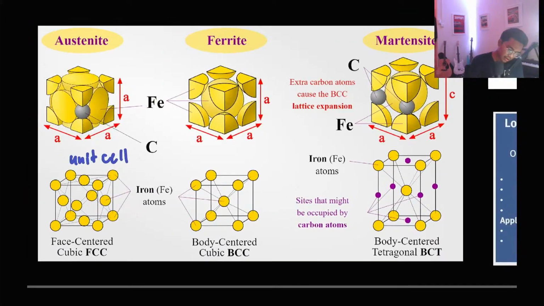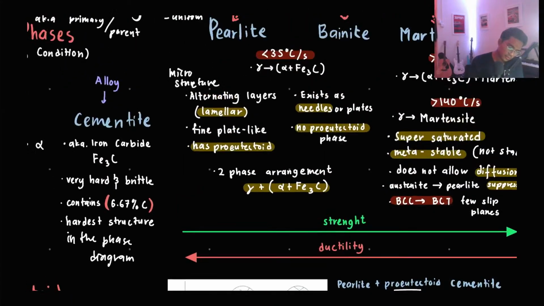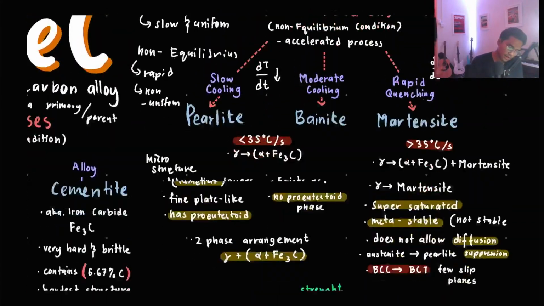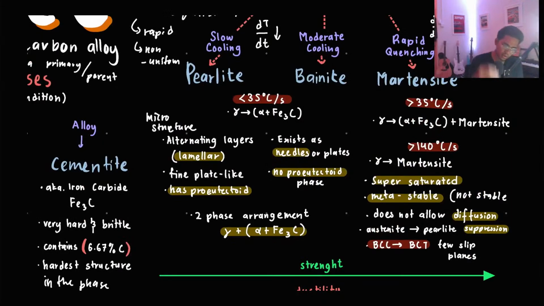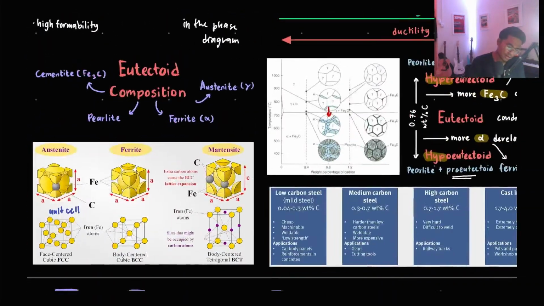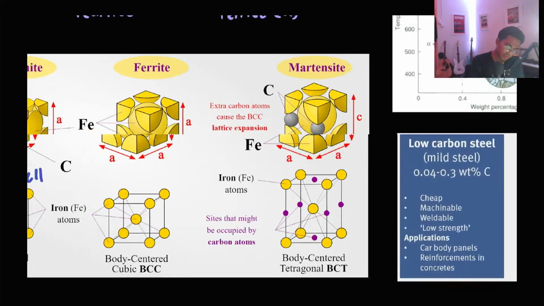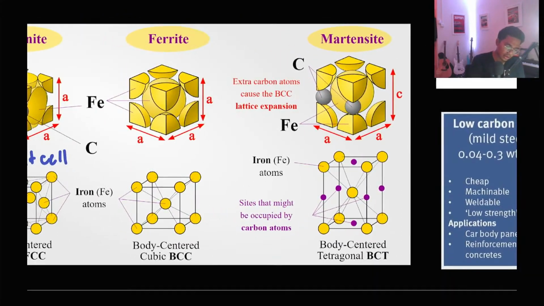Okay, martensite is when you skip the phases. Because you rapidly cool the material, it has no time to diffuse with other atoms. So the end product is a different microstructure.